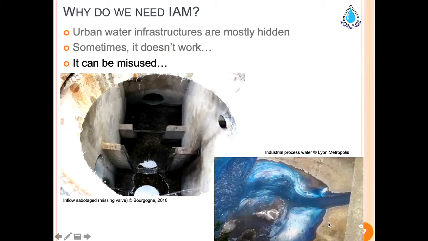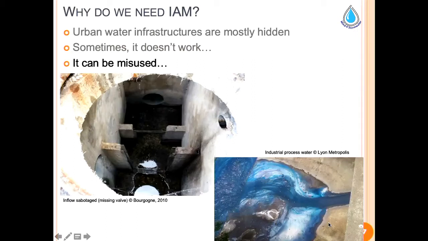This comes from industrial process. This water was supposed to have only storm water, but when they are cleaning all the equipment outside, the water will go in the pipes and go to the detention basin. And you have something that you're not supposed to have, so it's misuse.